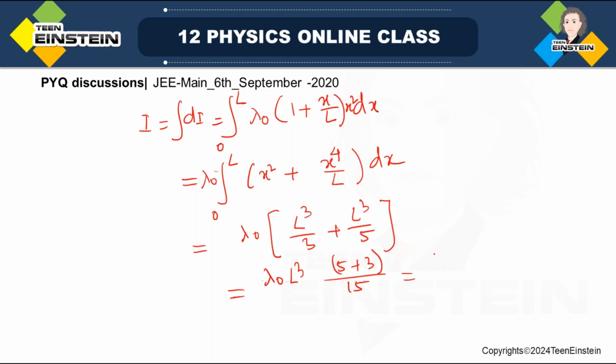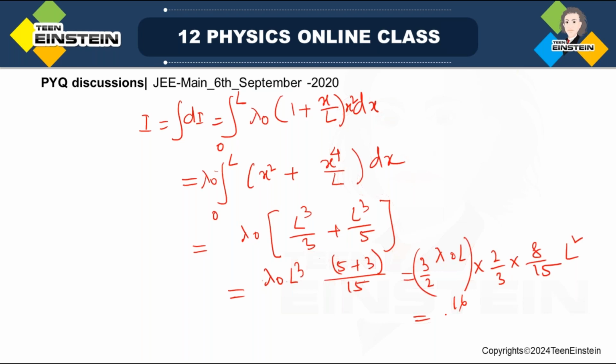Let me check once again. So lambda 0 L, if I write 3 by 2, so I have to multiply 2 by 3 into 8 by 15. So this is my m. L square will be there.